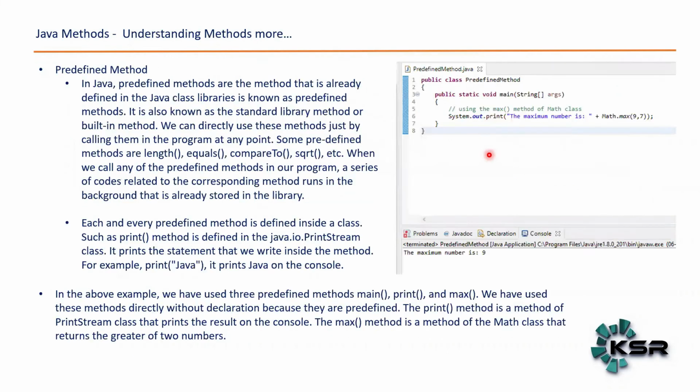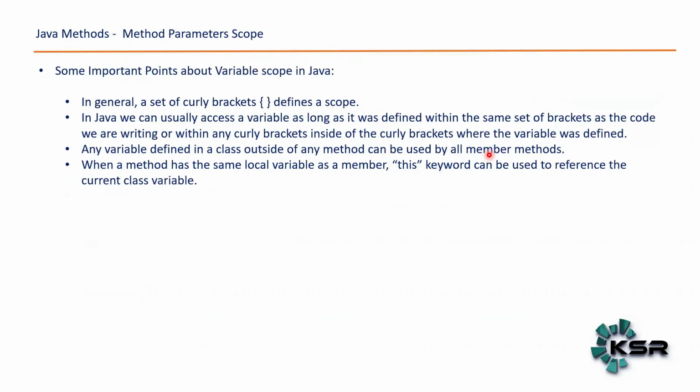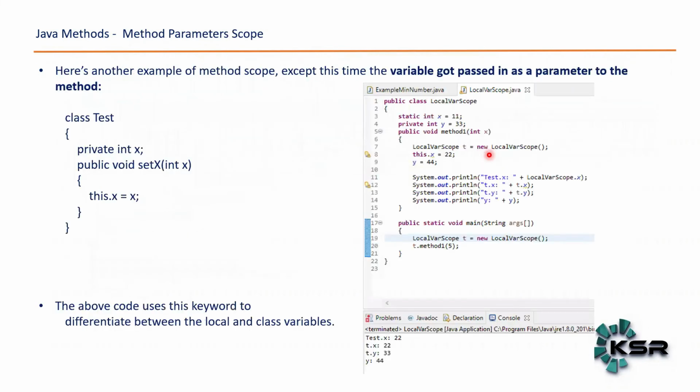Here the this keyword we have used to set the value, this.x. We are trying to override that value here using our local variable, local variable scope dot x, and then redefining it for the static value.